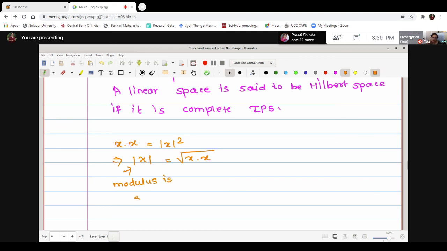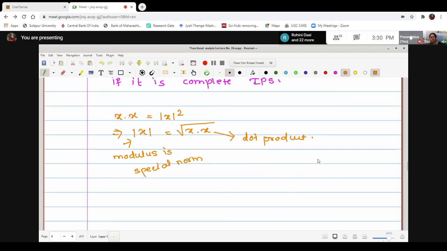Therefore this modulus is a special norm, and this is nothing but the dot product. Now we know modulus gives us the shortest distance. Therefore this modulus is generalized to norm x, and the dot product is generalized to inner product spaces.